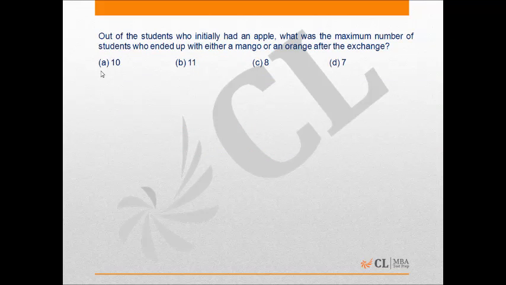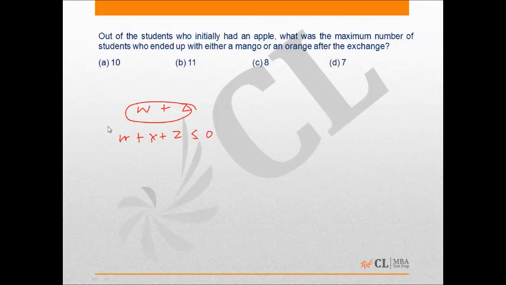Out of the students who initially had an apple, what is the maximum number of students who ended up with either a mango or an orange after the exchange? It means we have to maximize the value of W plus Z, and we know that W plus X plus Z is less than or equal to 11.